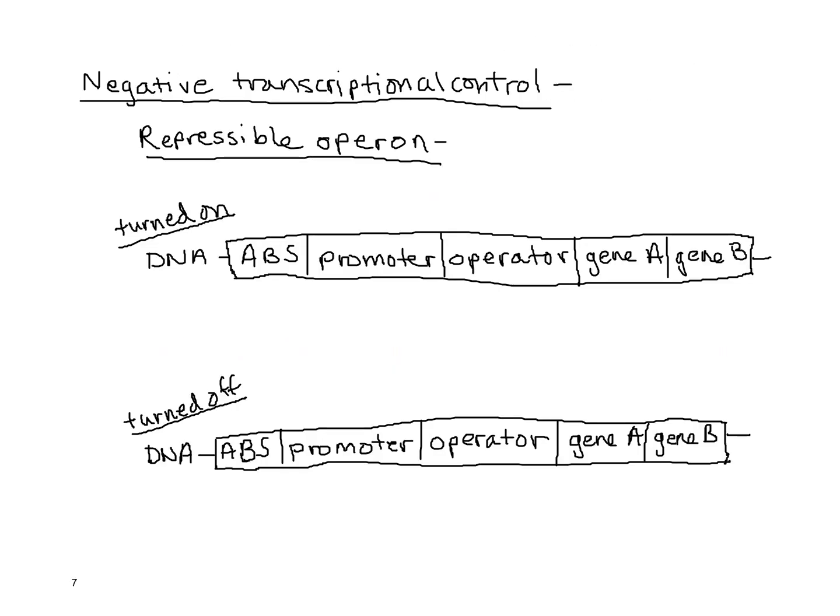So if we're using negative transcriptional control to turn this operon on and off, the regulatory protein we're going to be using would be a repressor protein. And then just the definition of a repressible operon.